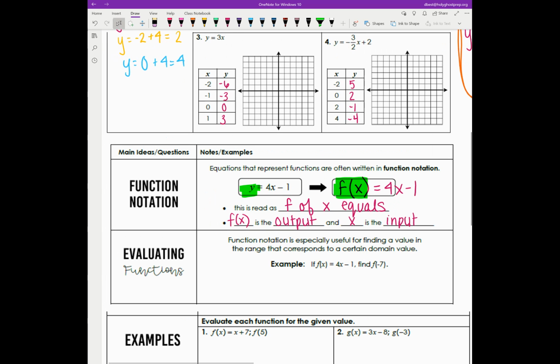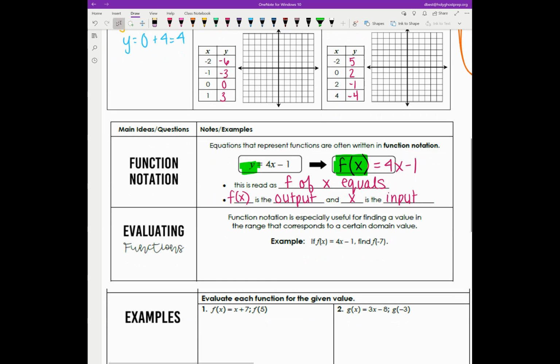So the way we use this is we can always put into our function notation the values we want to use for x. So if you look at our first example, it says if f of x equals 4x minus 1, find f of, and now it's -7. And what this notation says is instead of x, we're going to plug in -7.